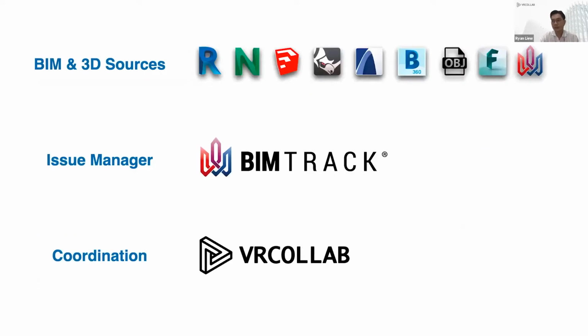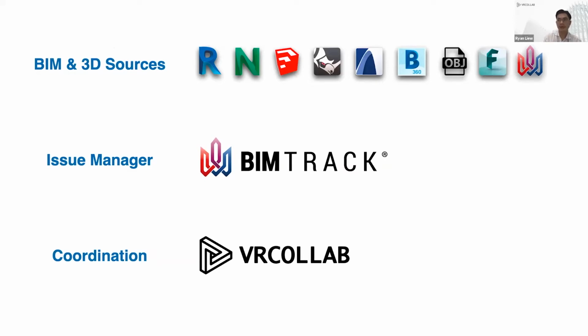I'm sure everyone here has touched or is currently using Revit or Navisworks for BIM authoring and coordination. We bring those model formats in, and some other BIM and 3D formats. But for our integration, you're able to bring in the IFC model directly from the BIM Track IFC viewer into VRcollab.